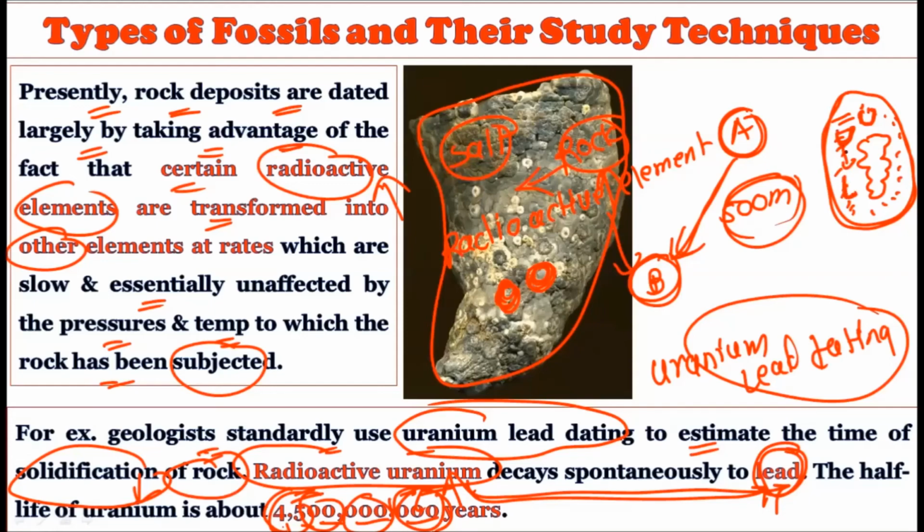Now if this uranium has got 50% converted into the lead, then you can divide this value by 2, half of its value, and you can calculate the age of the rock, okay. And once you know the age of the rock, you can calculate the age of the fossil as well. So the uranium lead technique can be used to take out the age of the rock or the fossils, okay.